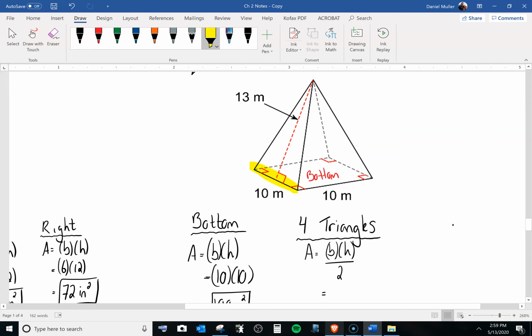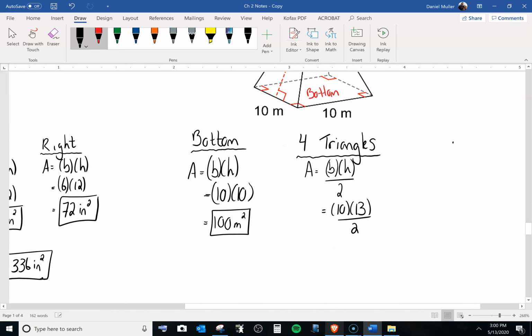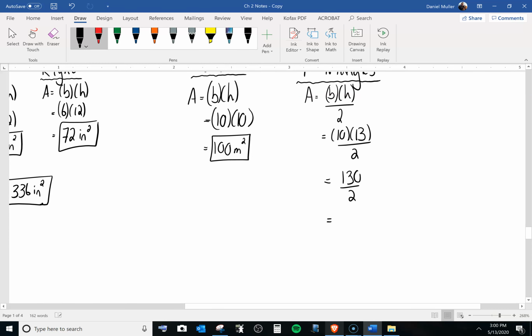So the base is 10 and the height is 13. So 10 times 13, and then we're going to cut that in half. 130 is the top, divided by 2 or cut in half. And then 130 cut in half is 65 meters squared.